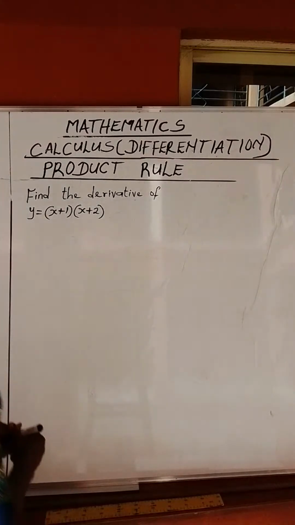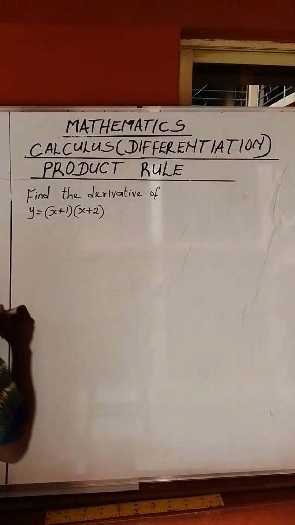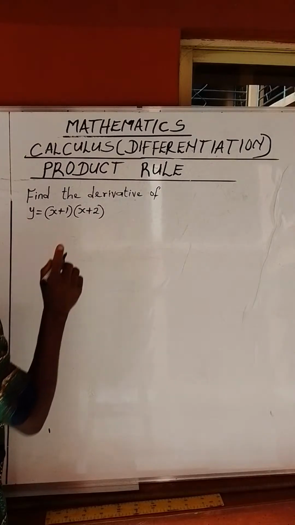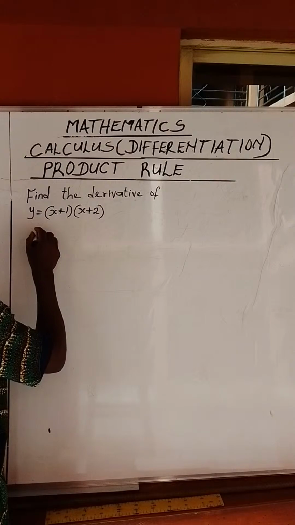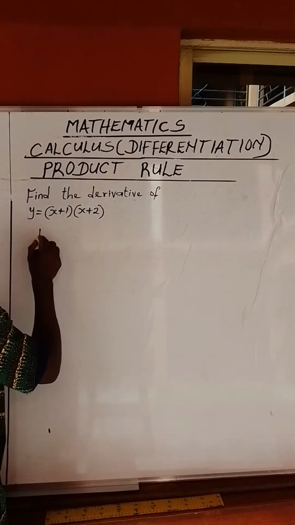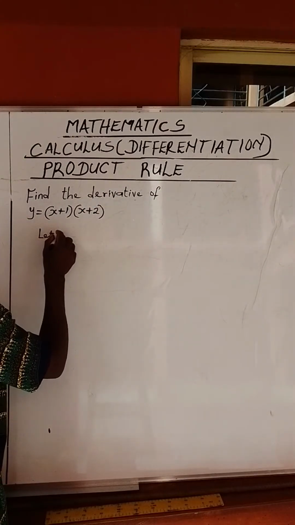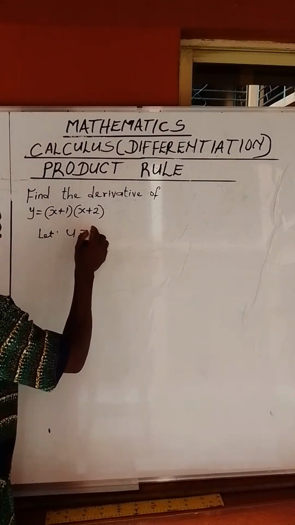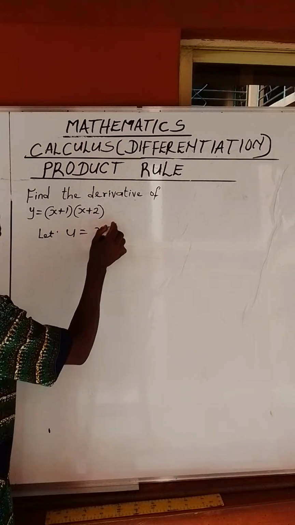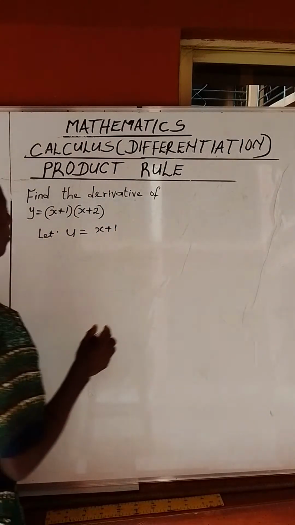So here we have to find the derivative, and the derivative is this. We are going to use this here. Let u equal x + 1.